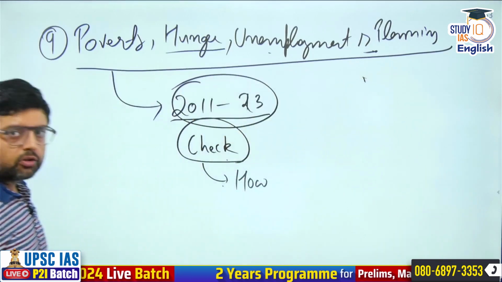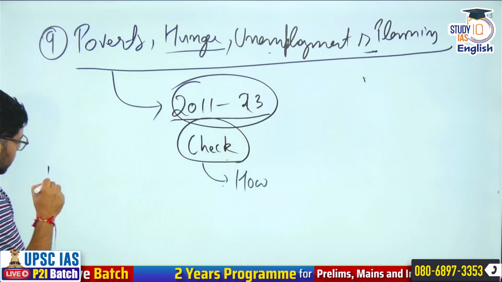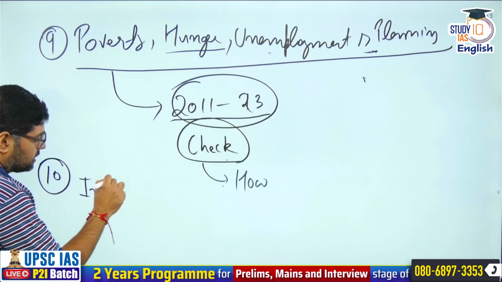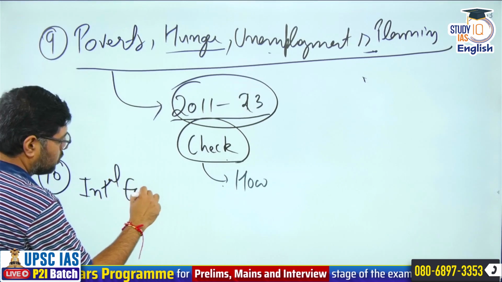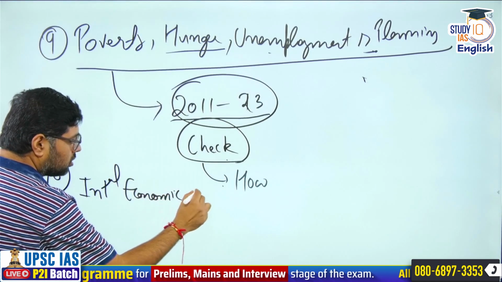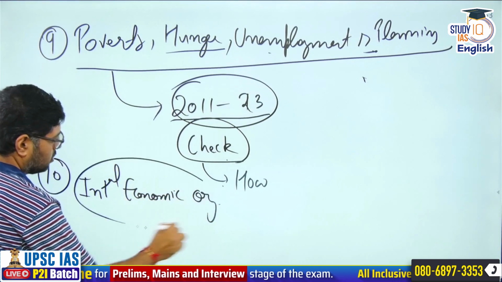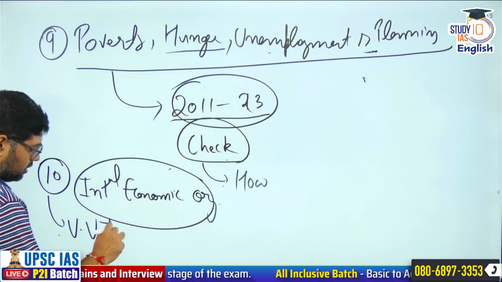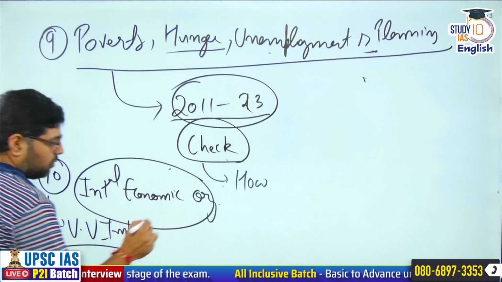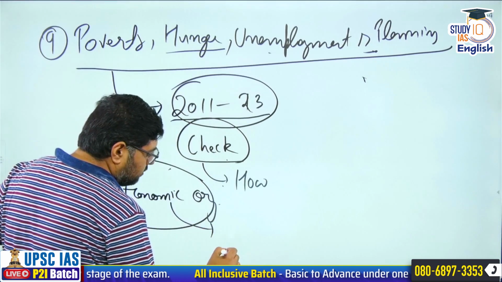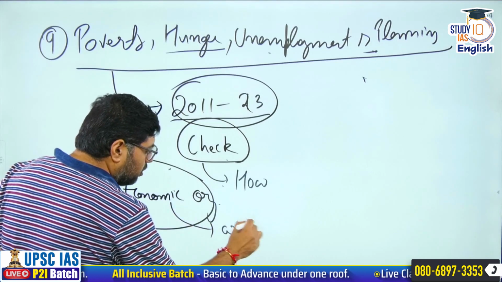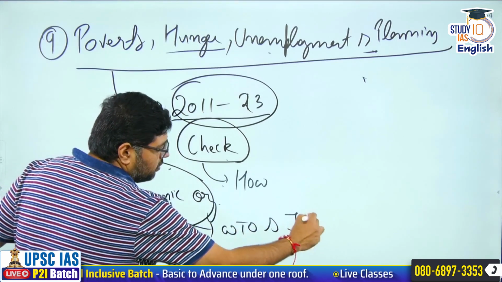Now there is another topic which I'll say is very, very important. That is International Economic Organization. Now this topic is also important. There are so many economic organizations, but two are very important: WTO and IMF.